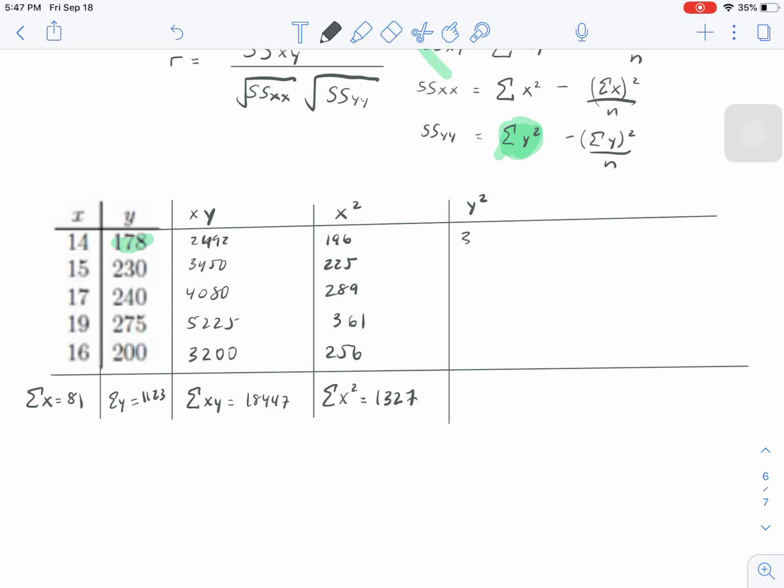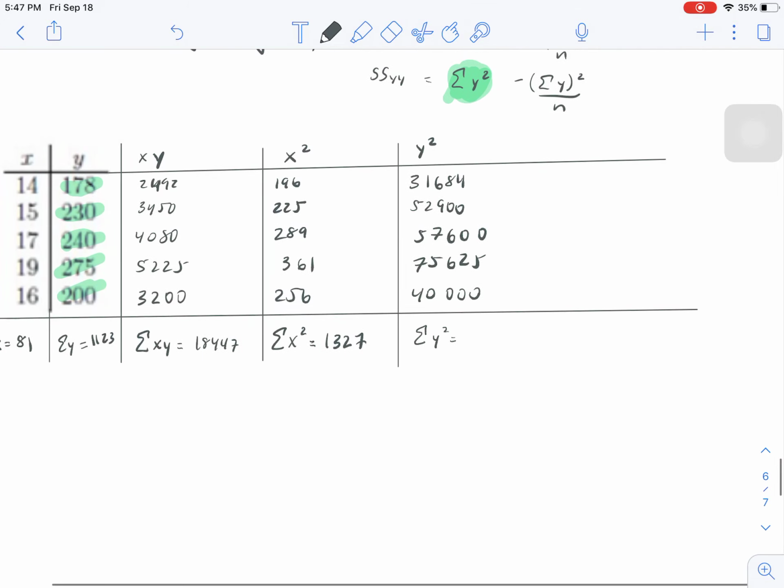Let's see, 178 squared is 31,684. 230 squared is 52,900. 240 squared is 57,600, and then 275 squared is 75,625, and then 200 squared is 40,000. So then the sum of all the y squareds is a big number, 257,809.